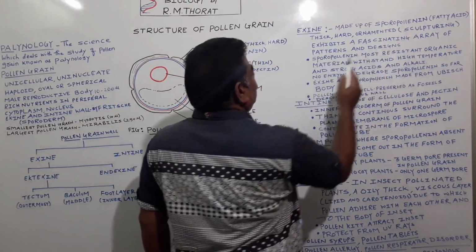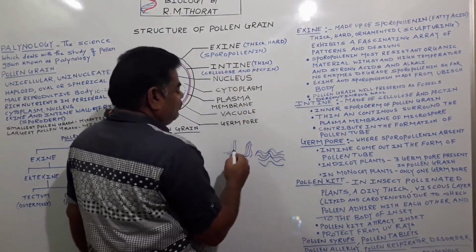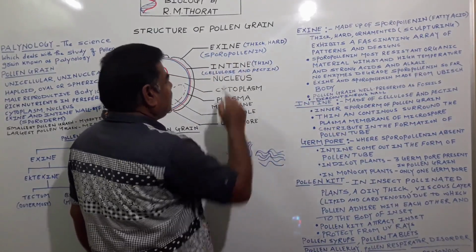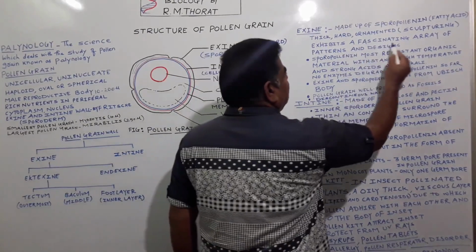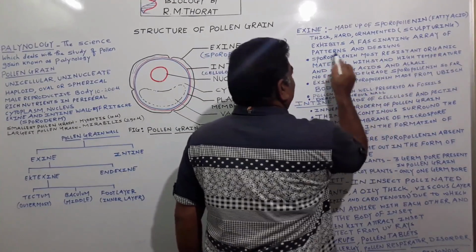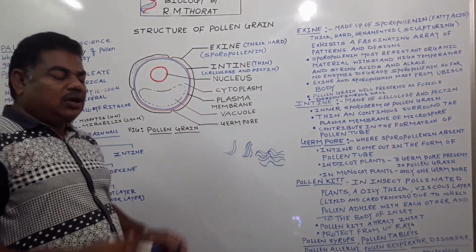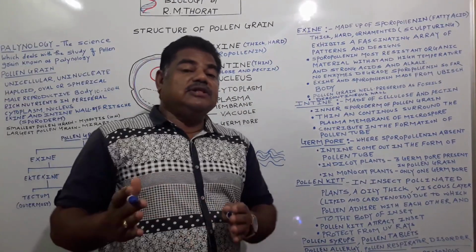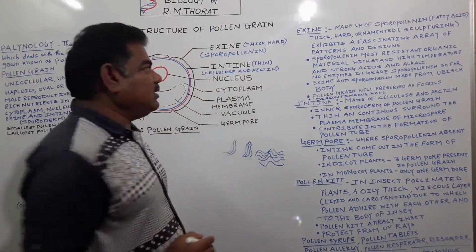Now this sporopollenin, which forms such sculpturing on the pollen grain, exhibits a fascinating array of patterns and different designs on the pollen grain, due to which we can determine the species of a specific plant.